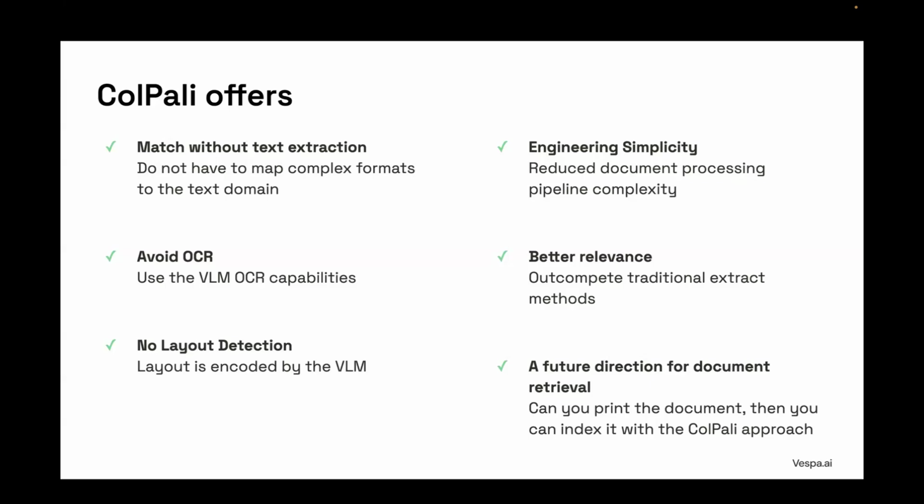What do you say? Multiple languages? Different languages, other than English? Yeah, very good question. So we were asked about multiple languages. If you have languages other than English, then it will all depend on the model. If you remember, ColPali used one vision language model, PaliGemma, which has some multilingual capabilities, not very good, but some.